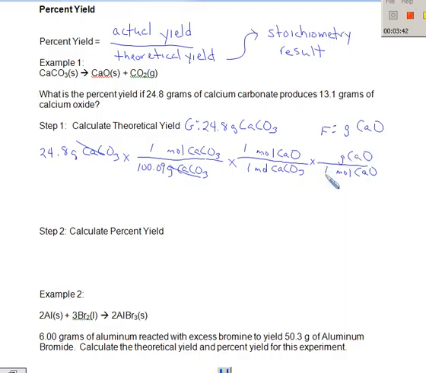We know for every mole of calcium oxide, we have 56.08 grams of calcium oxide, and this comes from the periodic table. If you plug this all into your calculator, you're going to get 13.895 grams of calcium oxide.